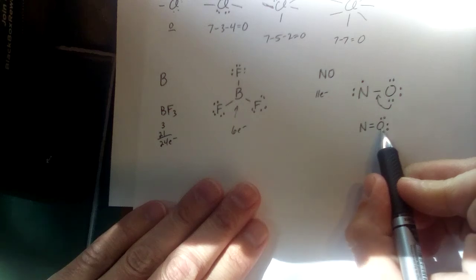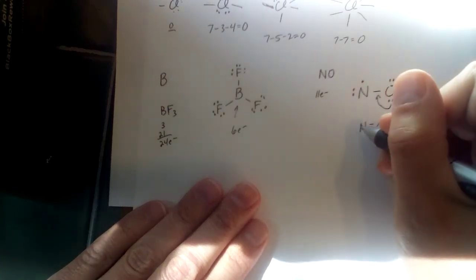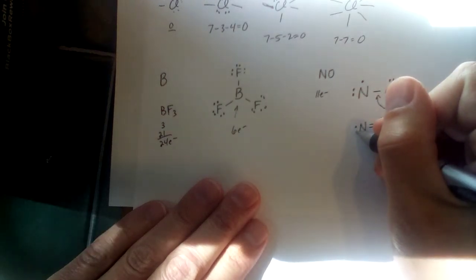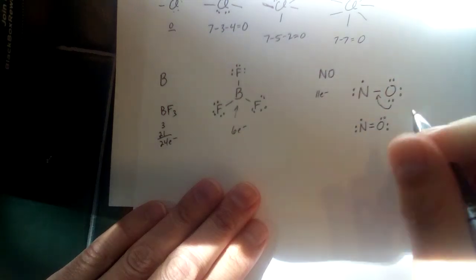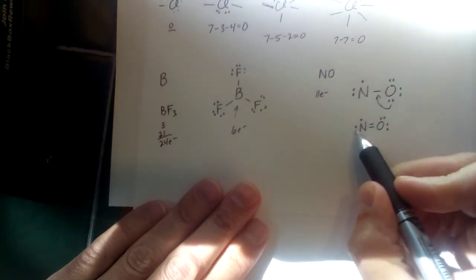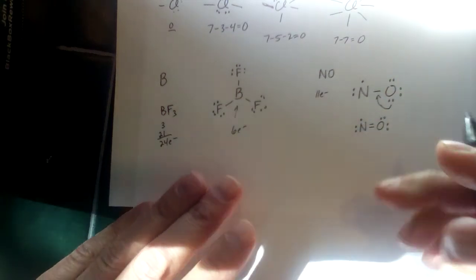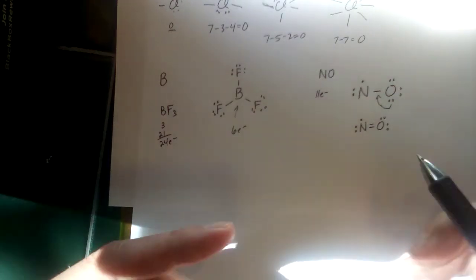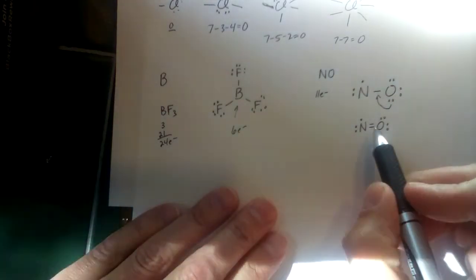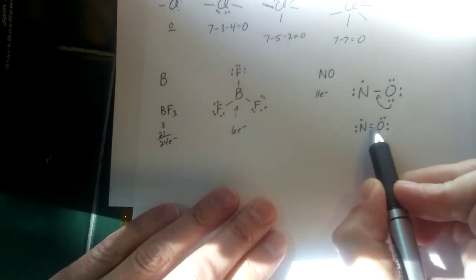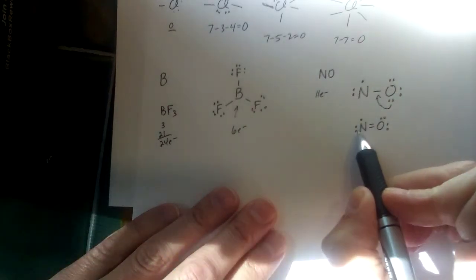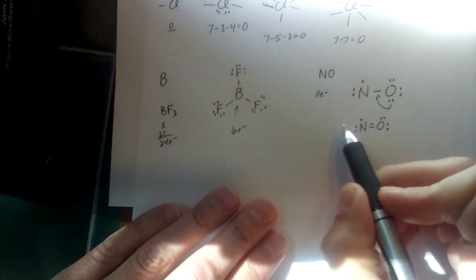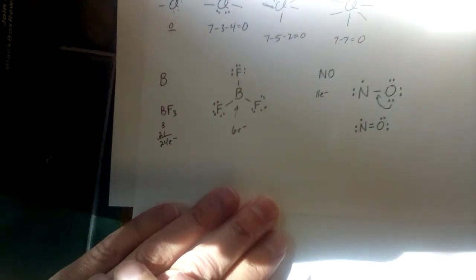So that's good. That's a 0 formal charge oxygen and satisfies the octet rule. And my nitrogen at least gets close. It gets to 7. So 2, 4, 6, 7 electrons. That's as close as I can get to 8 for nitrogen with this structure. But I did get to a 0 formal charge. So 5 minus 2 bonds minus 3 non-bonding electrons. So that is the best structure I can draw for NO.